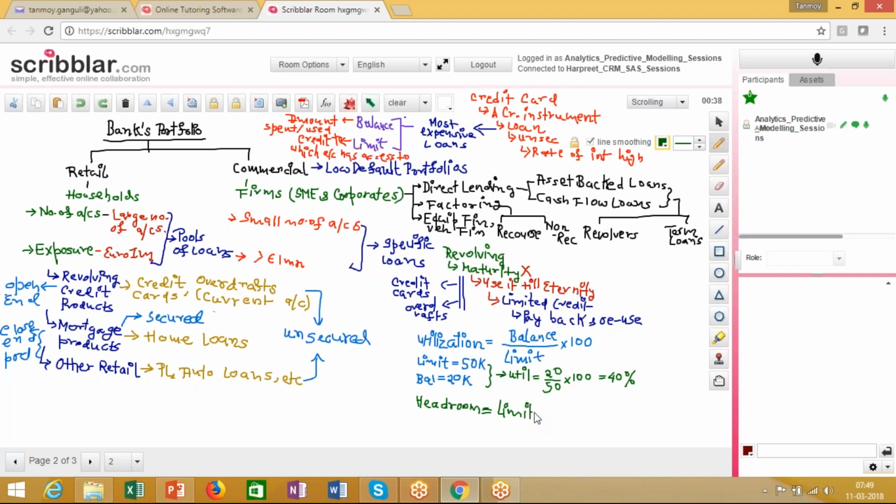That is the unutilized balance of the limit, or as we call it, the undrawn exposure of the bank, or the undrawn limit, the undrawn credit. So with credit cards, there is a problem of drawn credit and undrawn credit, and riskiness might arise from both. So over here, this will be 50K minus 20K.